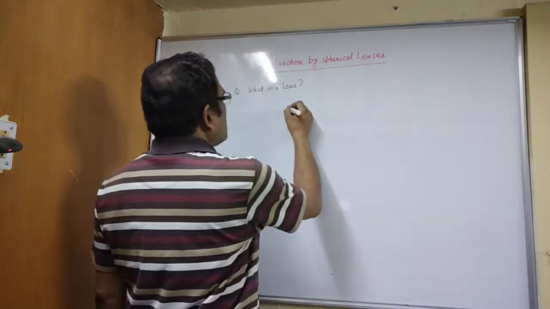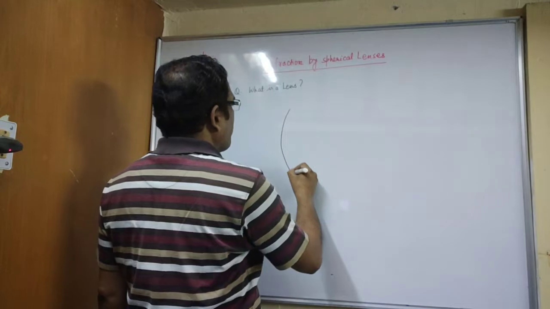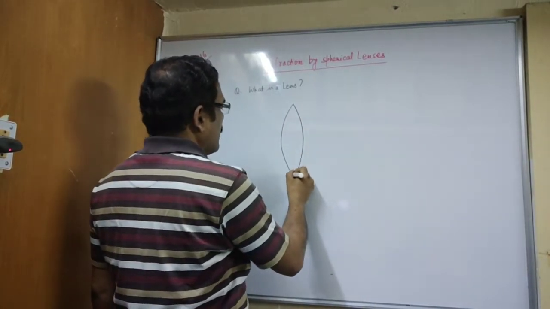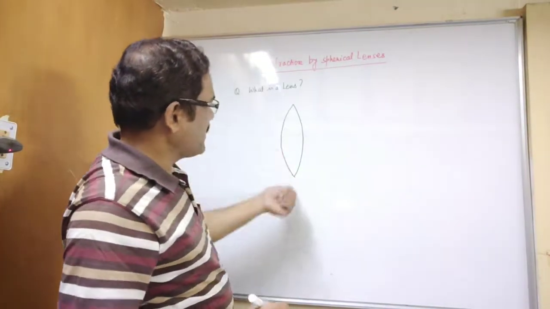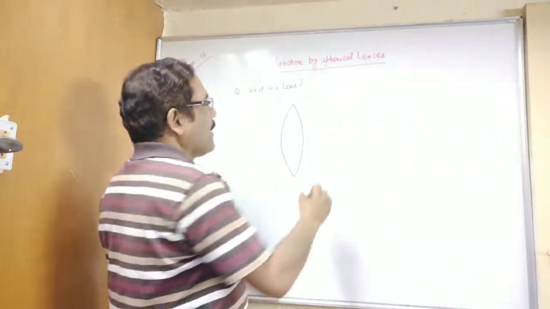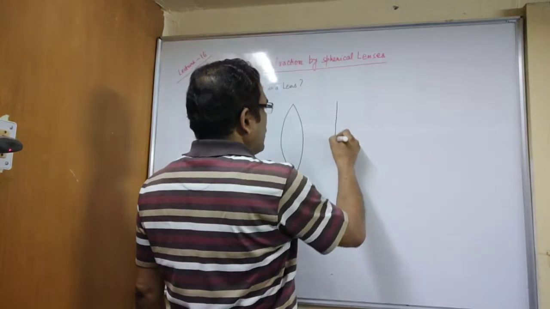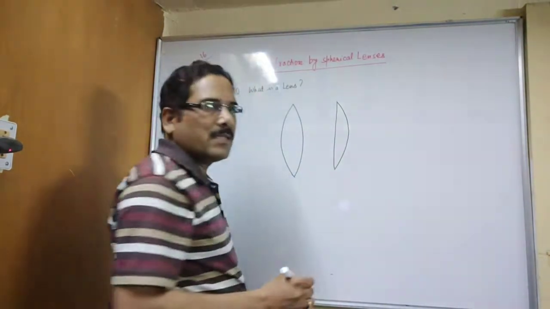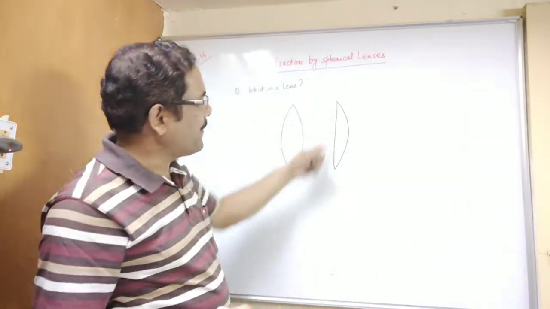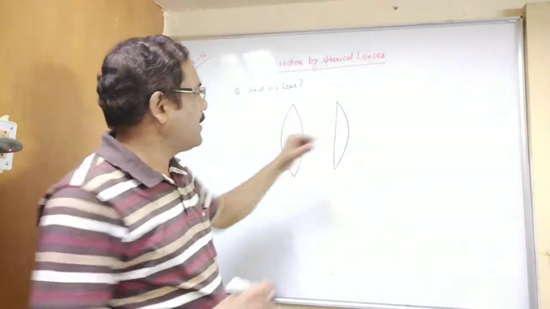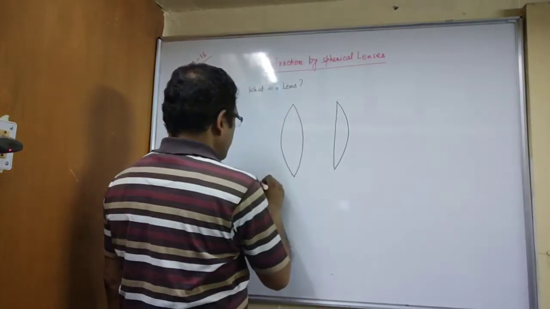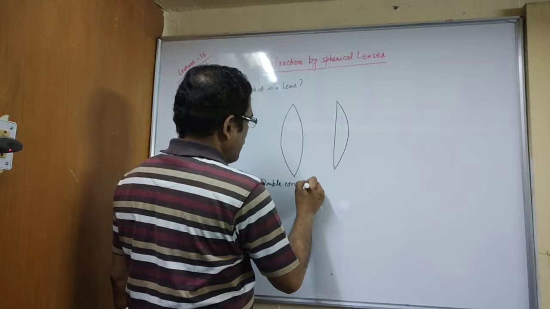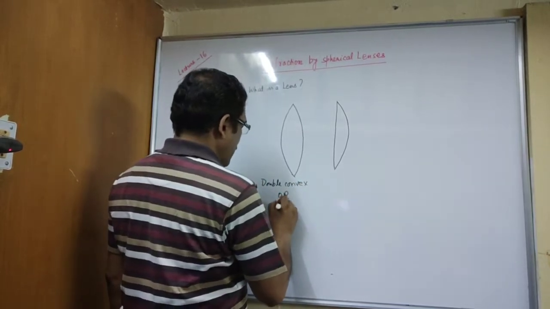तो एक लेंस इस तरह का हो सकता है. अब देखिए, two surfaces are spherical, but we have said that at least one should be spherical. तो इस तरह का भी लेंस हो सकता है जिसमें एक प्लेन हो और एक ये हो गया, डबल कॉन्वेक्स. और सिंपली कॉन्वेक्स.